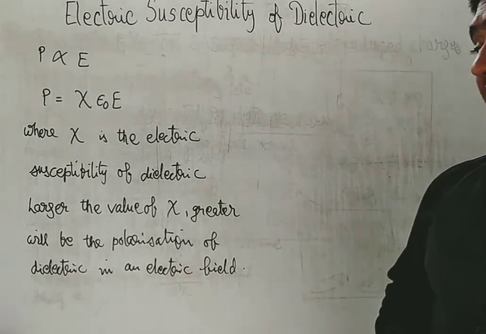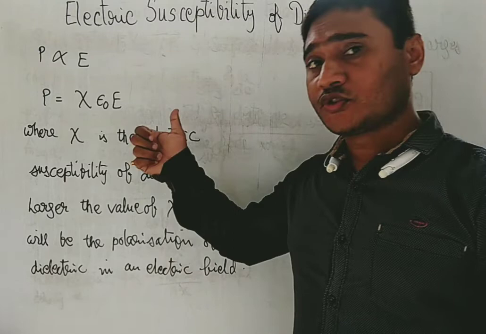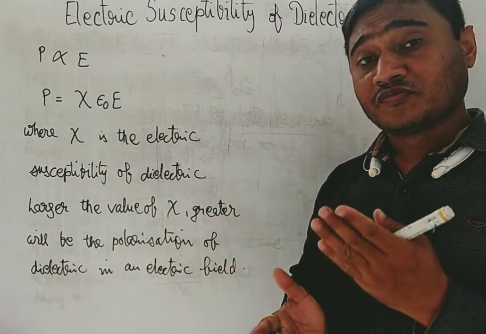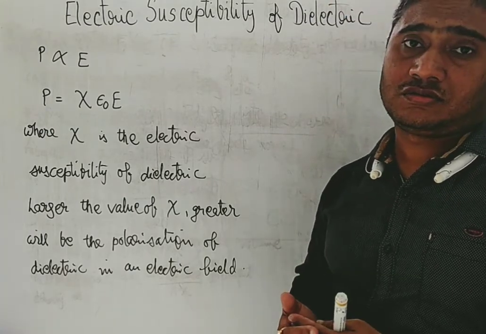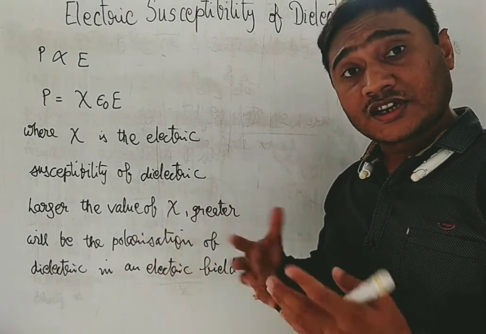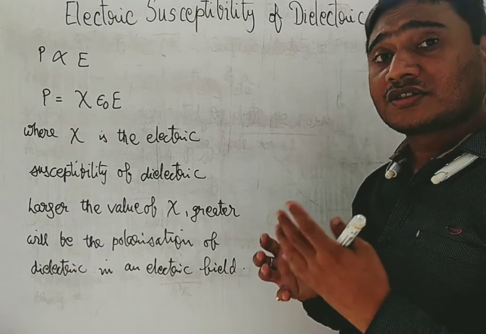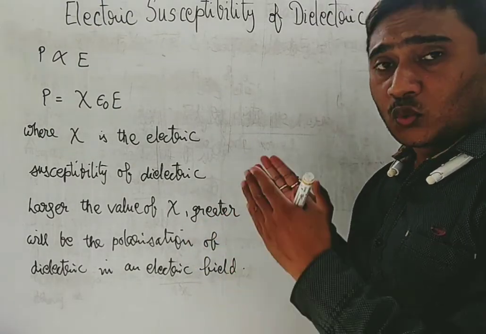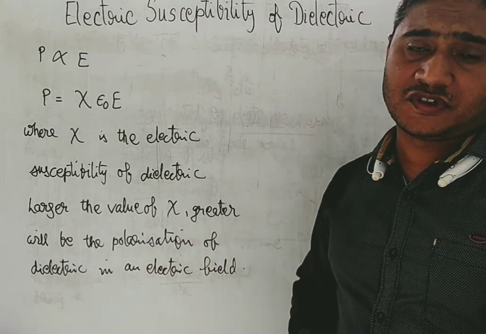So this indicates this chi can also be treated as a measurement of the extent of polarization. So if this chi has a larger value, so is the larger amount of polarization seen within the slab when it is placed in an external electric field.